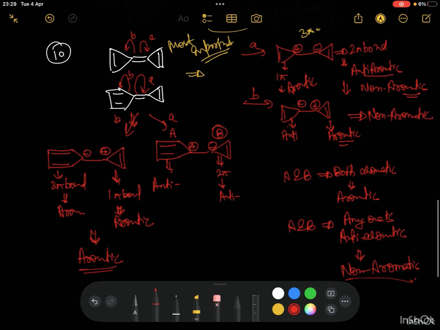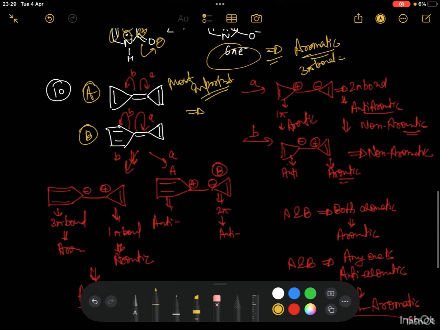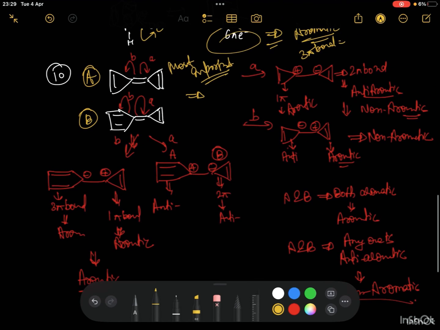Examiner can also ask which one, in both A and B, will show cis-trans isomerism. After moving the bond, that A one is not forming an aromatic compound, it is becoming non-aromatic after moving the double bond. So this one is trans.